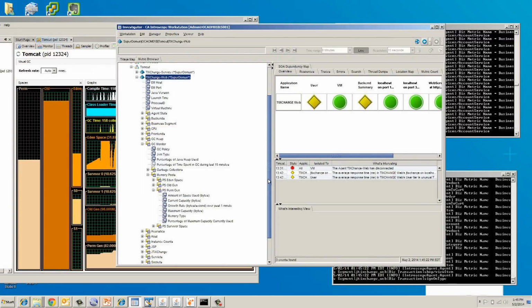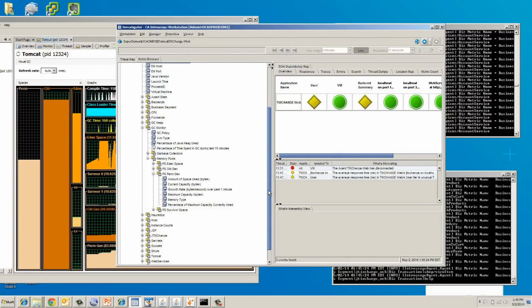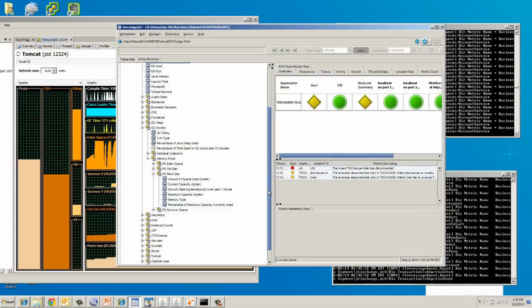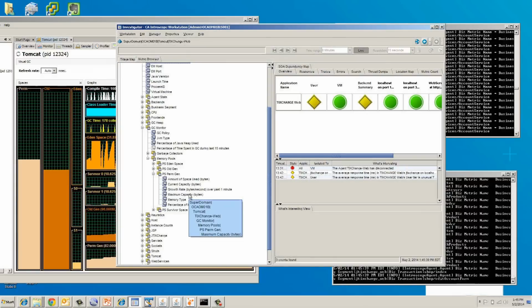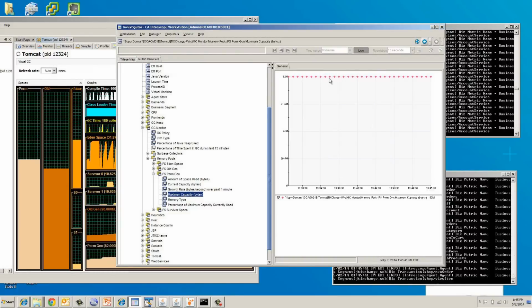So let's start with the memory pool, and let's open up the perm. We're going to see what metrics we want to look at. What I want to learn regarding the memory pool is what its maximum size is set to, and how much memory out of that I'm consuming. For that, I look at the maximum capacity, and I see that my maximum capacity is about 82 megs or so.